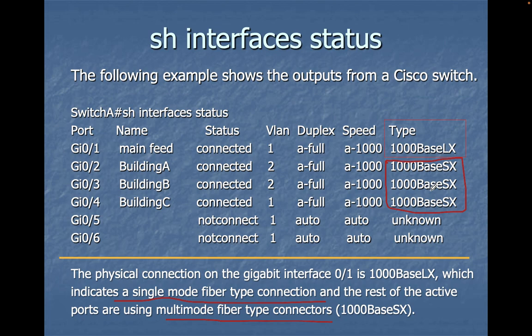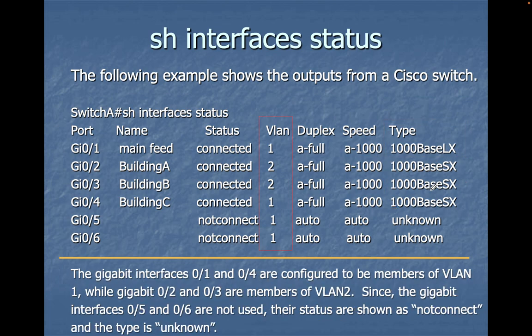Still on the show interface status, it shows most of the things that you need to see. Now the gigabit interface 0/1 and 0/4, they're connected to what? VLAN 1. Look at it.